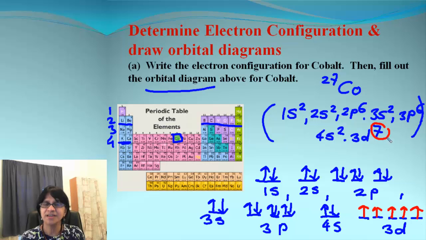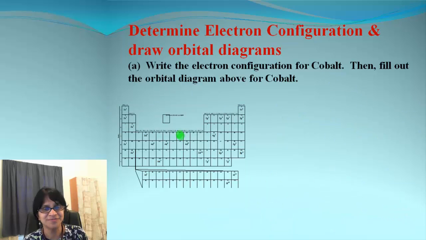And out of 7, there are still 2 remaining. We start pairing them afterwards. So this is a real schematic representation of an orbital diagram for cobalt. So let's see if you understood that, and we can work on the next one, right?